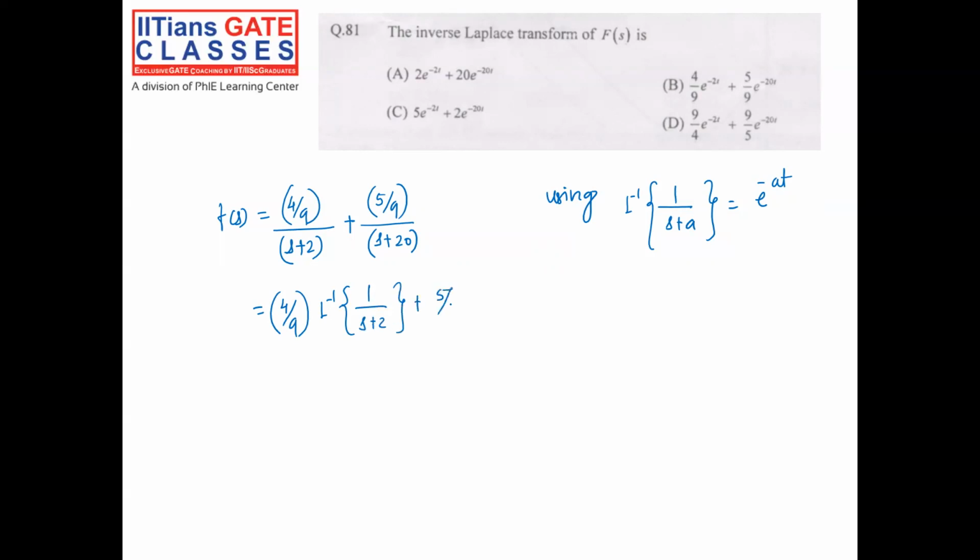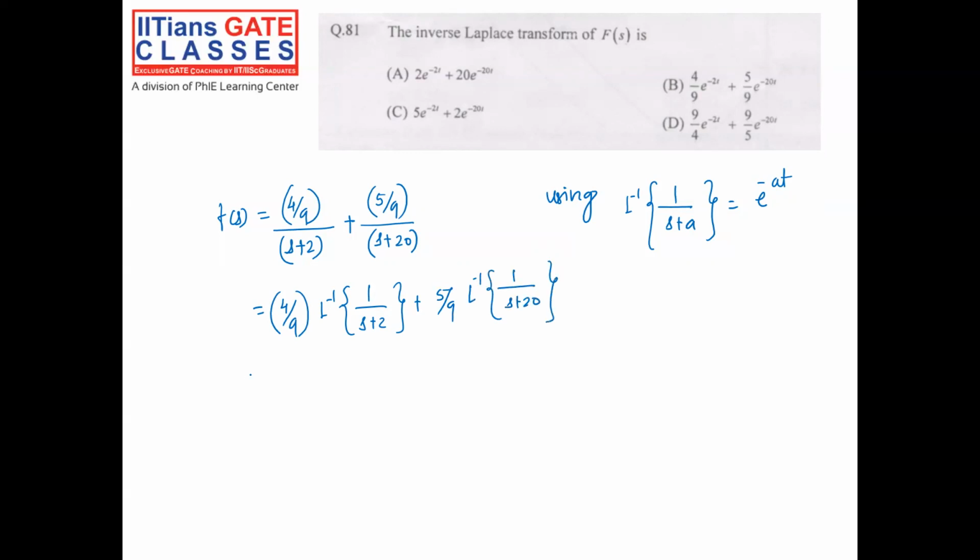Using the formula, inverse Laplace of 1 upon s plus a is equal to e to the power minus at. For this F of s, we can take 4 by 9 common, times inverse Laplace of 1 upon s plus 2, plus 5 by 9 times inverse Laplace of 1 upon s plus 20.